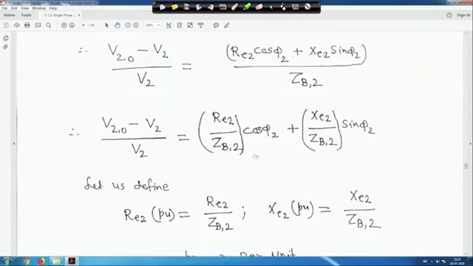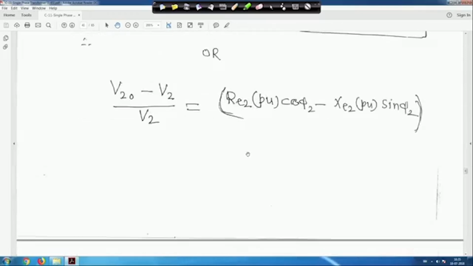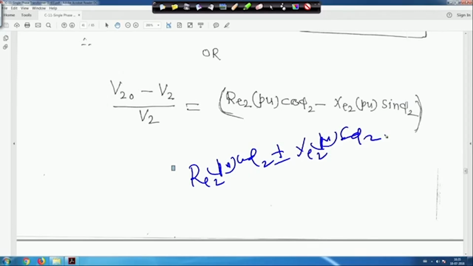In general, the formula of the voltage regulation of a transformer will be Re2 per unit cos phi 2, plus or minus Xe2 per unit sin phi 2. If it is a unity power factor, cos phi 2 is equal to 1 and sin phi 2 is equal to 0, so phi 2 is equal to 0, and it will be simply Re2 per unit.